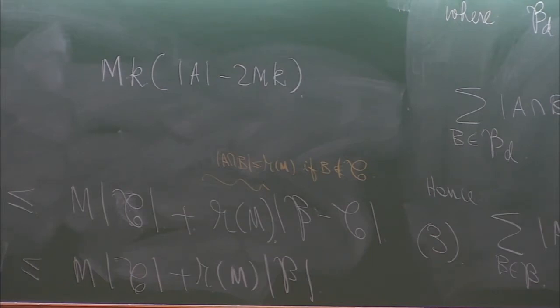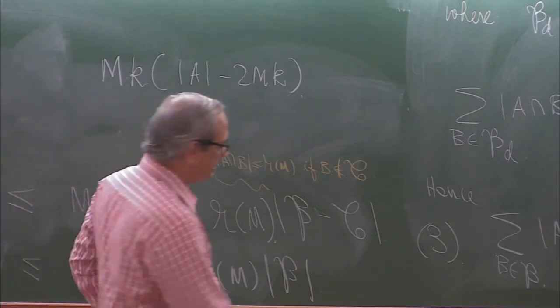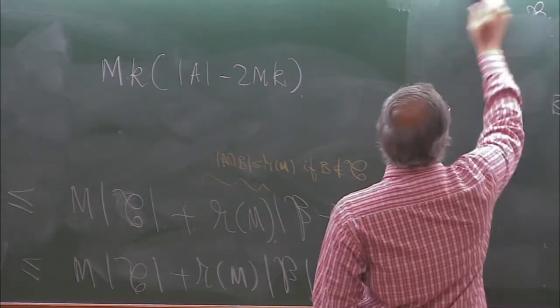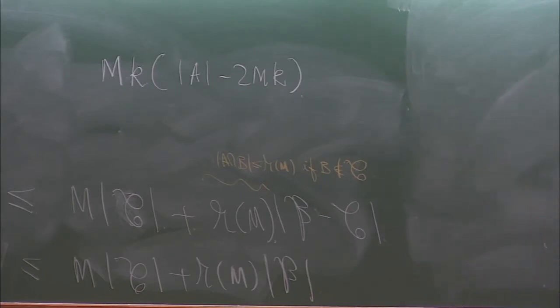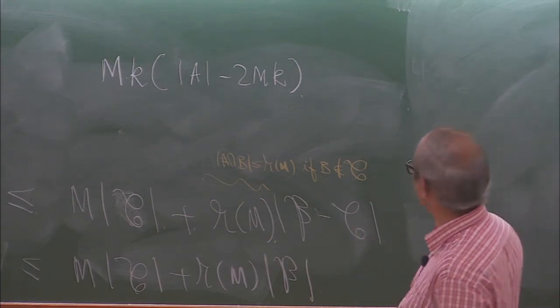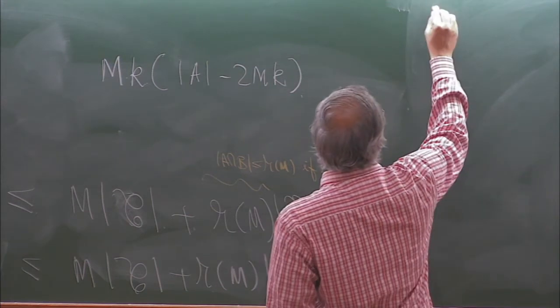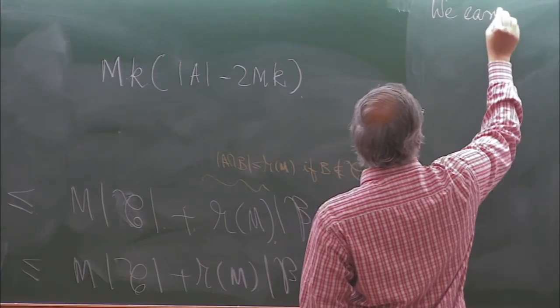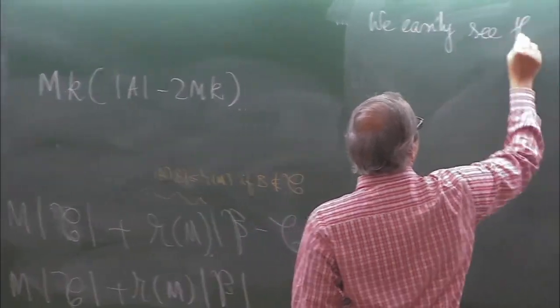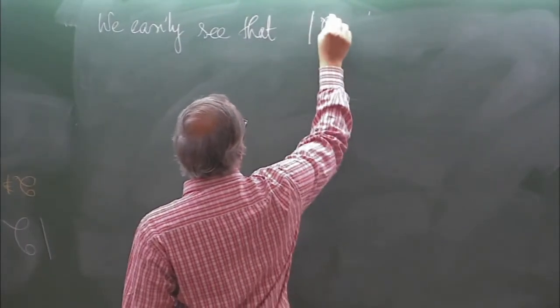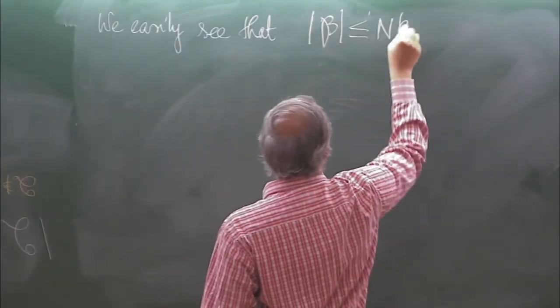So the cardinality of beta is trivially less than or equal to n times k. We easily see that, just because the argument is simply a simpler version than the AP counts that we've been doing so far. So we easily see that the cardinality of beta is less than n times k.